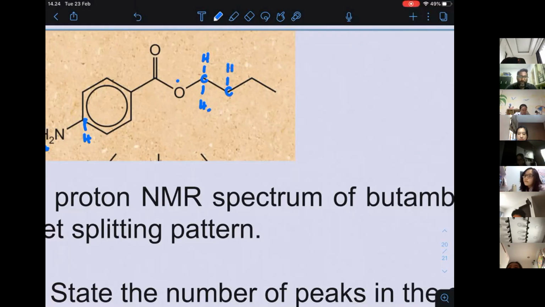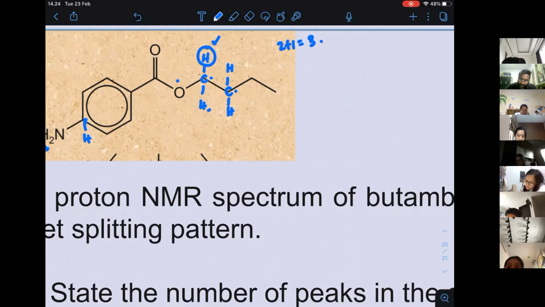Let's wait for the circle to appear. Okay, it appeared. So this environment is next to a carbon with 2 hydrogens, so 2 plus 1 is 3. For this environment, I am going to get a triplet.